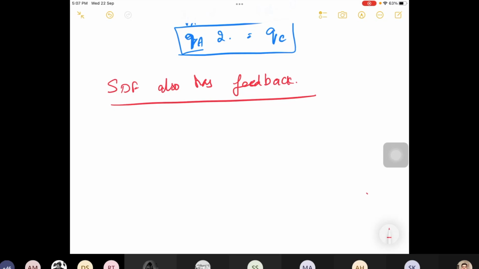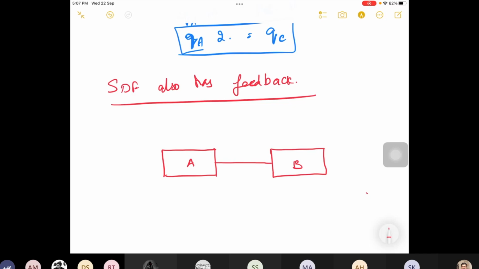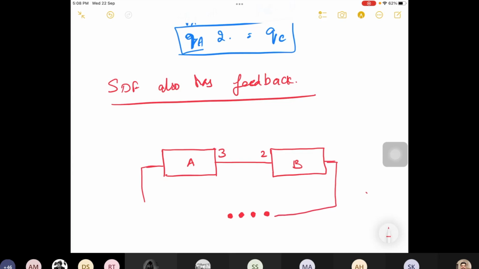Okay, so now we have A, then we have B. A and B are connected, with A having 3 and B having 2 as the token rates. Then I have dots numbered 1, 2, 3 and 4. So this is my feedback.